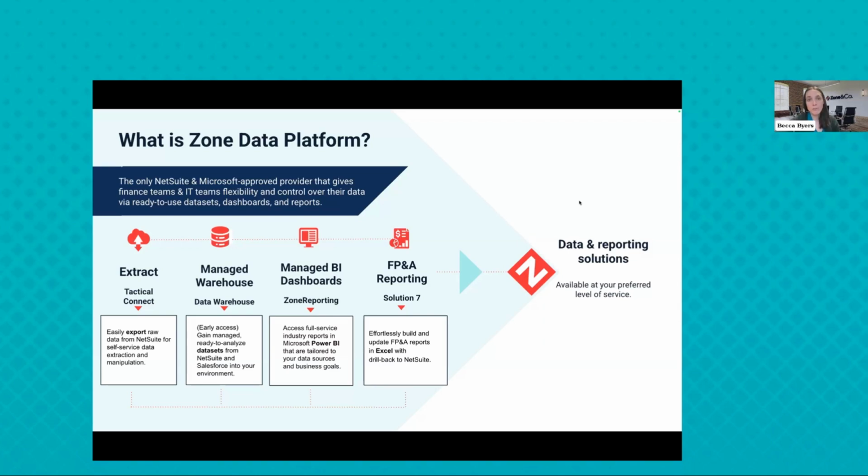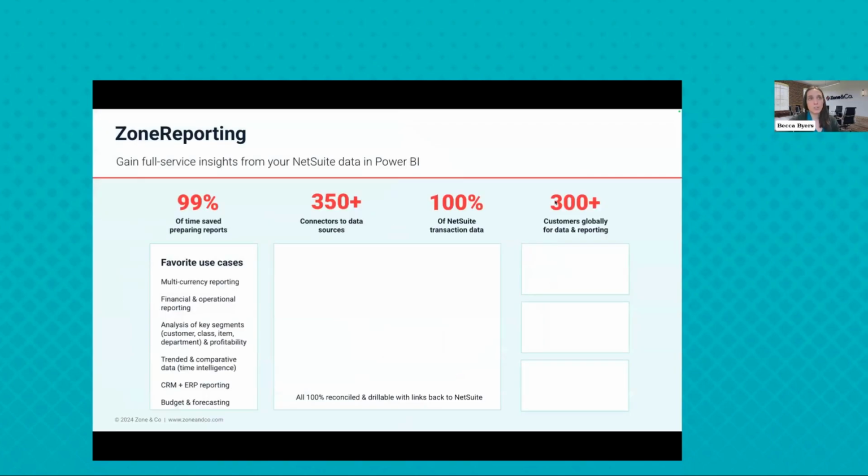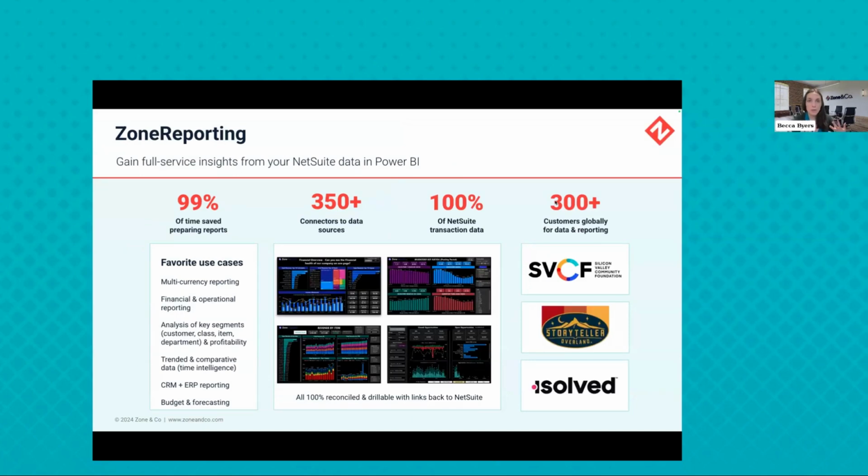Now, today we are going to be focusing in mostly on Zone Reporting. And if you aren't already familiar with Zone Reporting, this is the tool that gives you full service insights from your NetSuite data in Power BI. That does mean that we're automating most of the work, so you save like 99% of the time spent preparing reports with that automatic refresh.